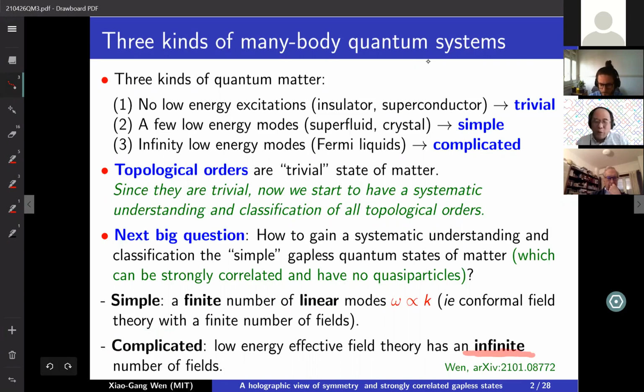So although in solid state physics we usually talk about Fermi liquid first, theoretically they are the most complicated system. And I recently wrote a paper on this infinite number of fields effective theory.